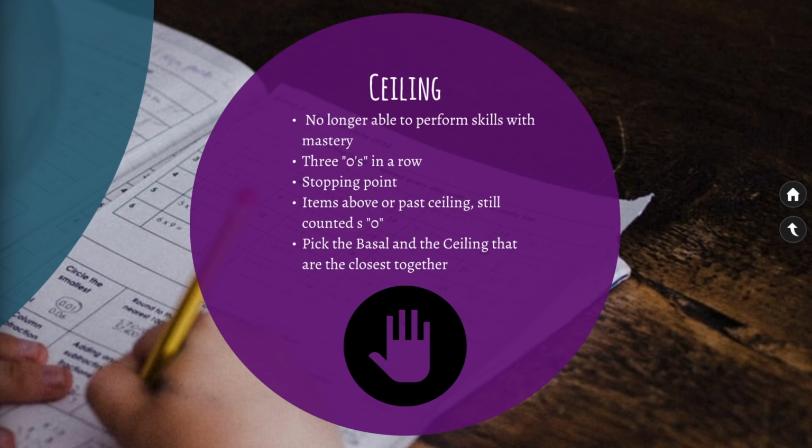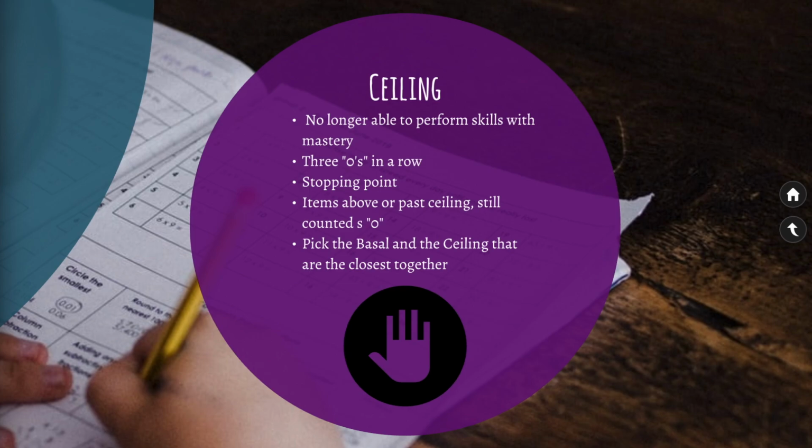There will be times when you will have some items past the ceiling that the child will have received a 1 on if the items have been administered, or the child might have already received a 1 or a 2 on an item past the ceiling if the evaluator has administered the items. These items are still counted as zeros if they are past the ceiling.